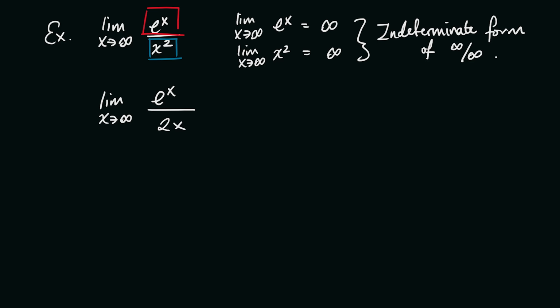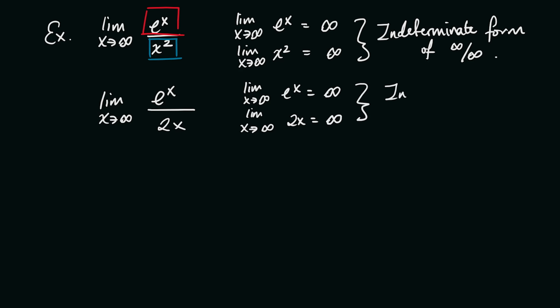e to the x, as x is approaching infinity, is also approaching infinity. Now for 2 times x, as x is approaching infinity, 2x is also approaching infinity. So we have another indeterminate form again. So we're going to write the limit as x is approaching infinity of e to the x is equal to infinity, and then the limit as x is approaching infinity of 2x is equal to infinity as well.